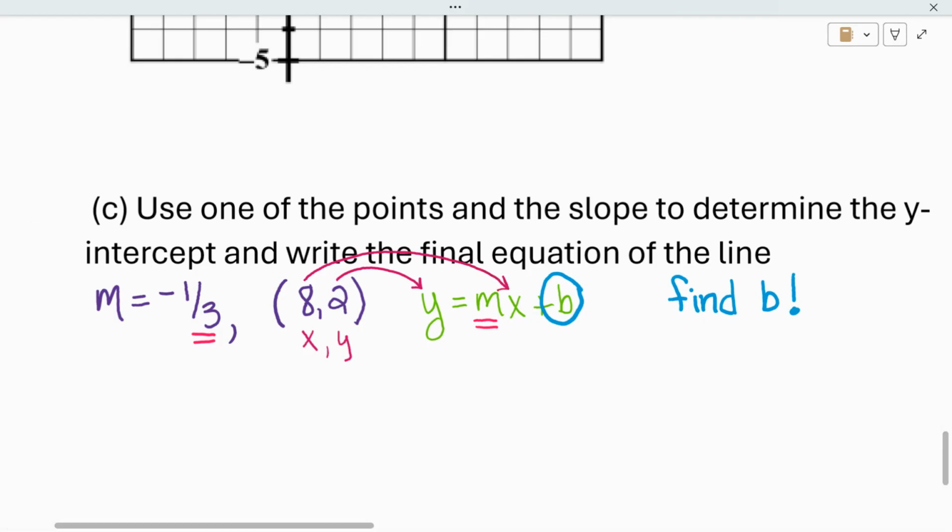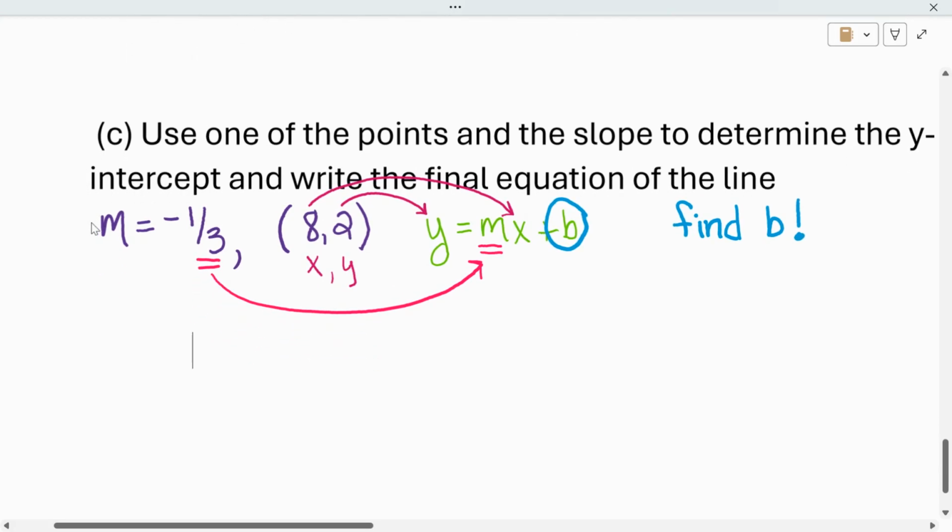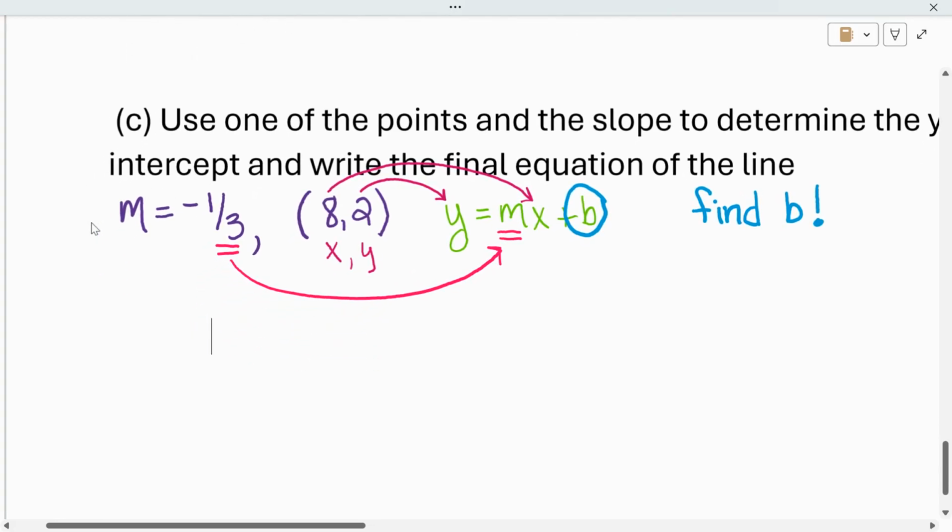And then, of course, we're going to swap out our slope value with the letter m, and we're going to solve for b. So I'm going to leave that there so you can draw your little arrows, because I think it's important. We are going to solve for b. That's what I mean by find b.